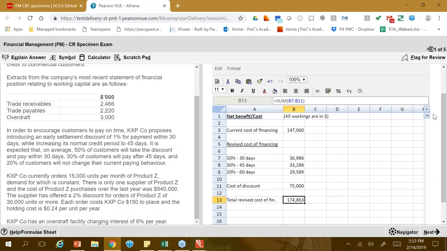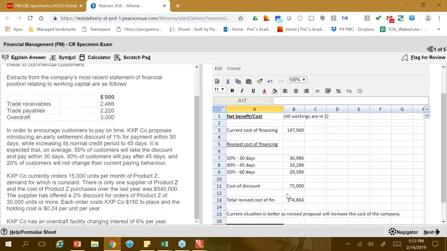Yes, stick with the current policy. We can't do a revised proposal here because that is more costly. Yes, well done. So the current situation is better, as the revised proposal will increase the cost of the company.